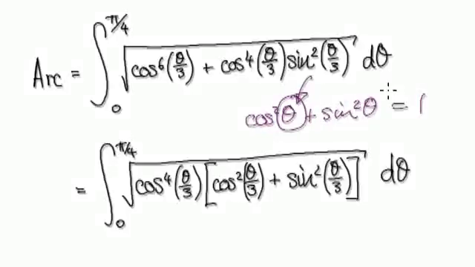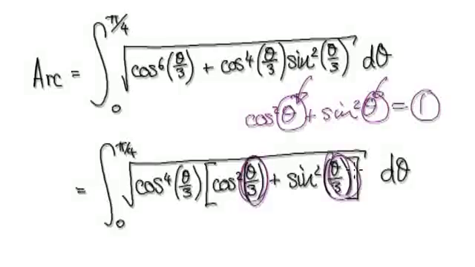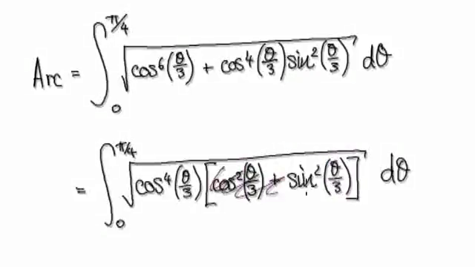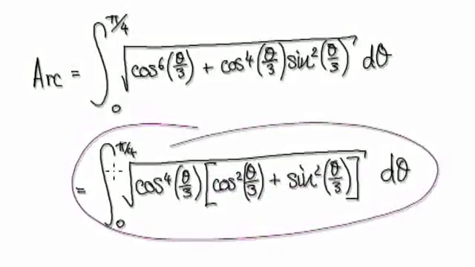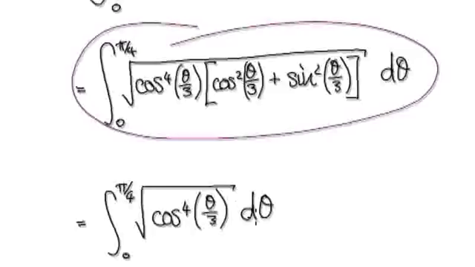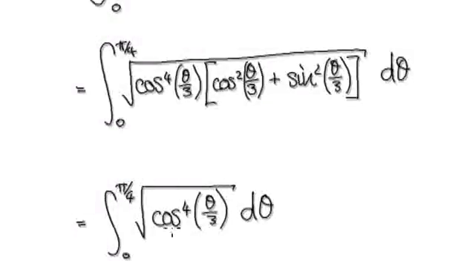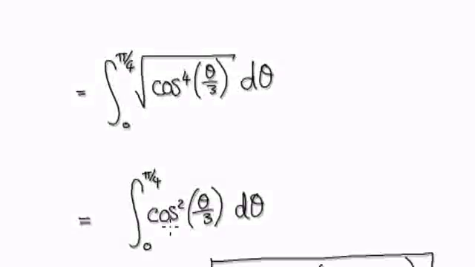Whenever you have the exact same angle, it will equal 1. Here it is the exact same angle, even though it's a third of an angle, this angle here is exactly the same as this angle here. So this whole thing here will become 1. Then when you square root this, it will become this.